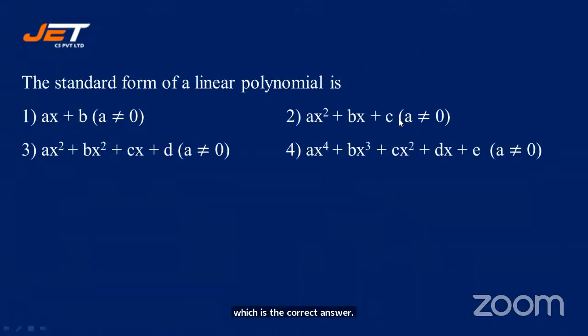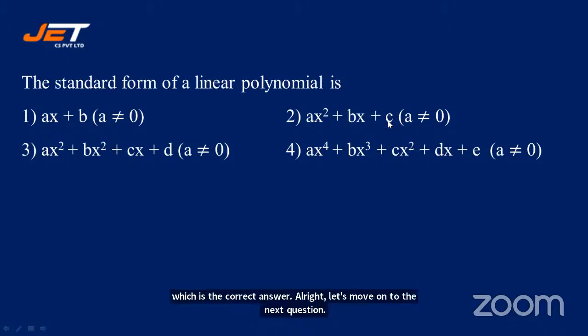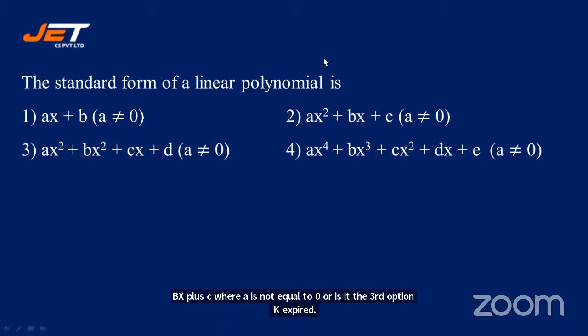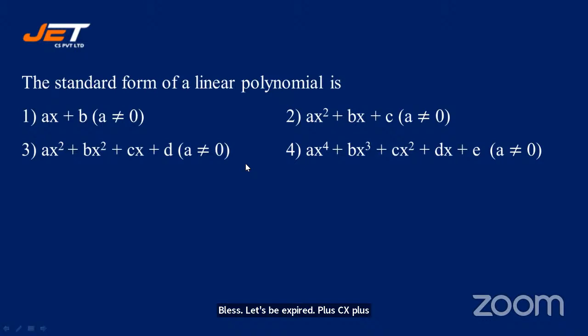The standard form of a linear polynomial is dash. Is it ax plus b, where a is not equal to 0? Or is it ax square plus bx plus c, where a is not equal to 0? Or is it the third option, ax cube plus bx square plus cx plus d, where a is not equal to 0?